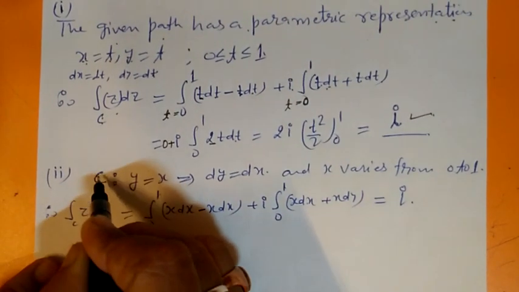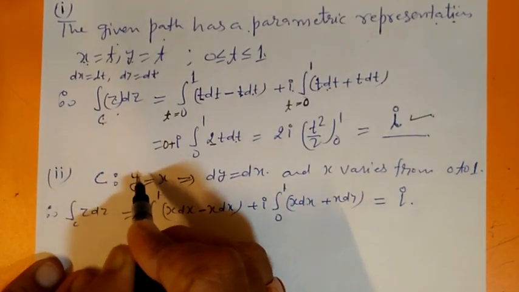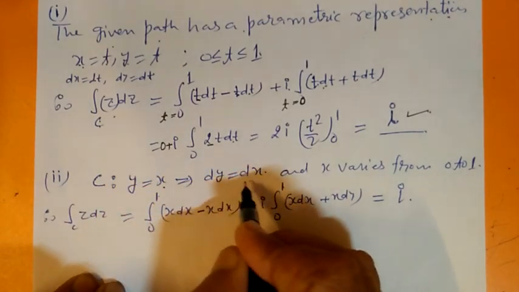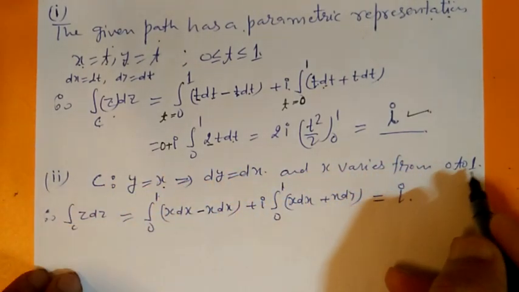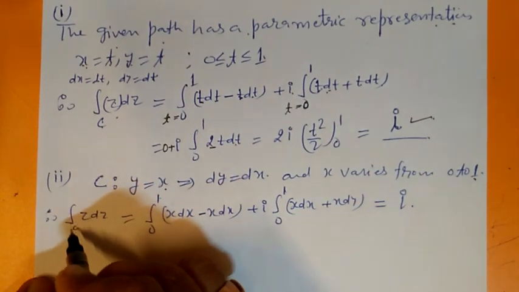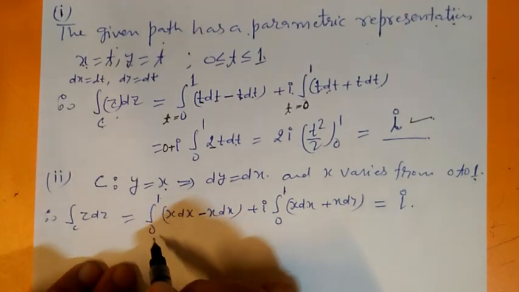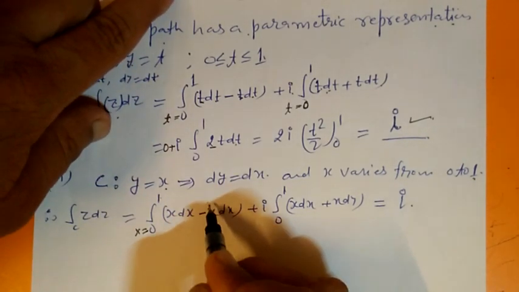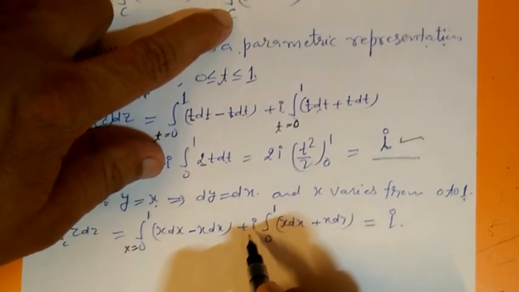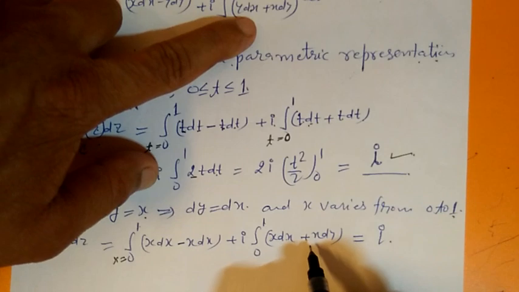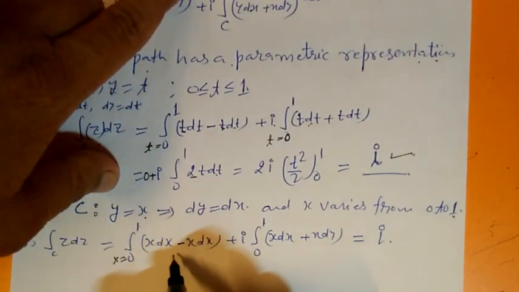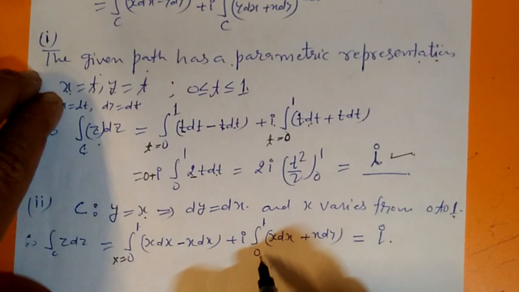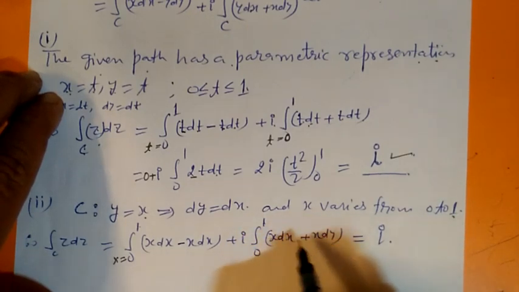If we consider the curve C, which is the equation of the line y is equal to x as shown in the graph, then differentiating both sides we obtain dy is equal to dx, and x varies from 0 to 1. Therefore the integral along the curve of z dz is the integral from x is equal to 0 to 1 of x dx minus y dy, where y is x, so minus x dx, plus i times y dx plus x dy, that is x dx plus x dx. The x dx and x dx cancel out, so the integrand is 0 and the whole integral becomes 0. Plus i times the integral from 0 to 1 of x plus x is 2x dx, and integrating this we obtain i.